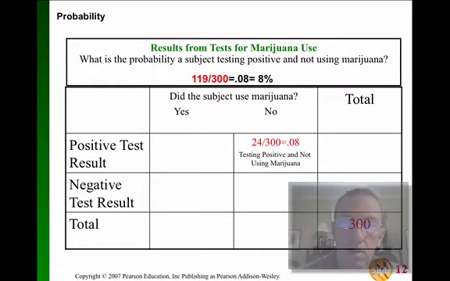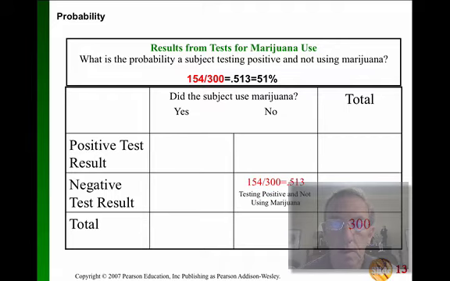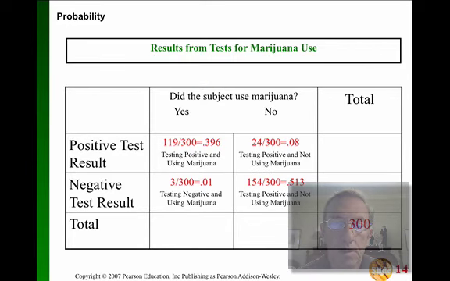Then there's a person who said they're not a user and yet they tested positively. That's 0.08 or 8%, 24 out of 300. And then 154 out of 300, 0.513 or 51%. So if I just pick one subject out of the 300 people, those are the probabilities: 39, 1, 8, and 51, adding up to 100.